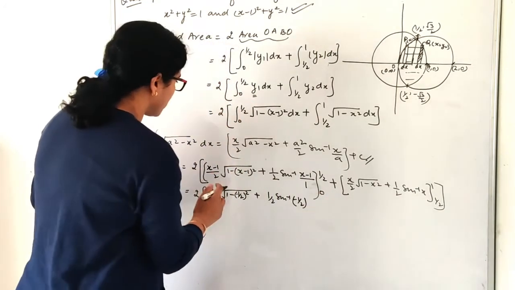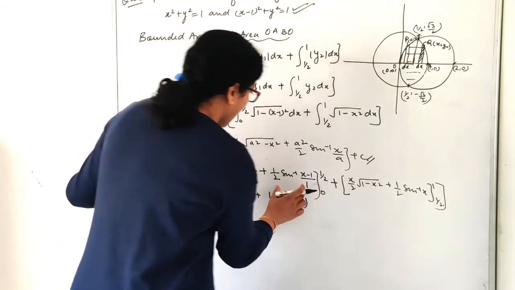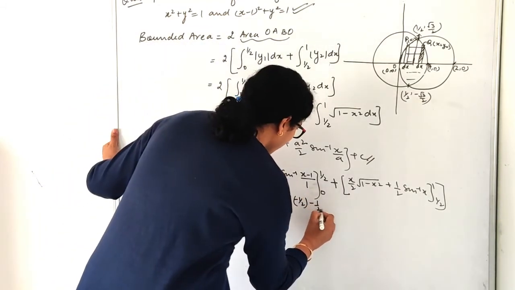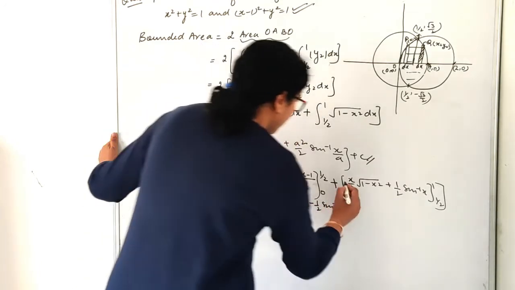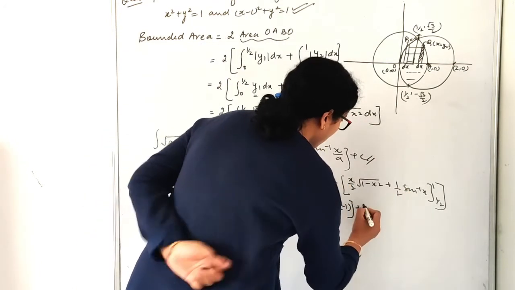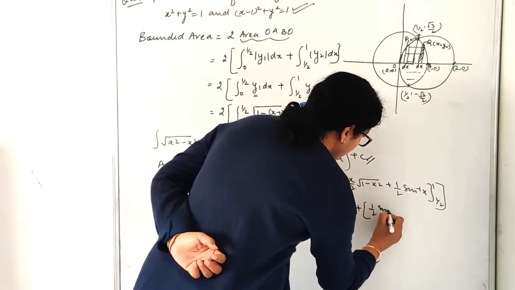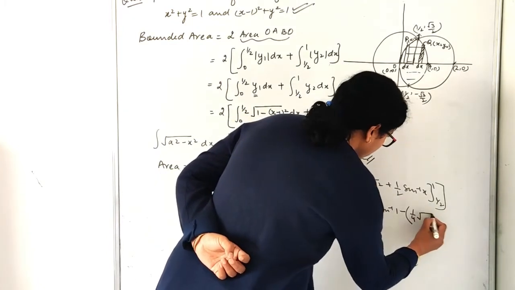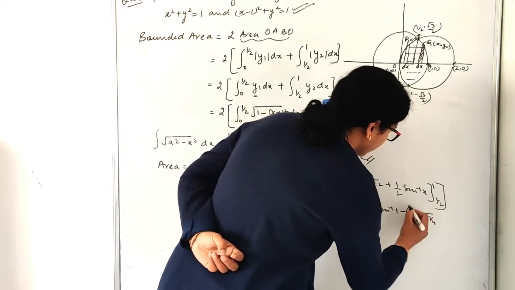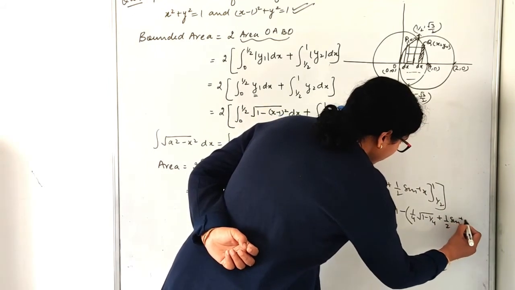Now if I substitute 0, the whole term will vanish and here it will become minus half sine inverse of minus 1. For this, if I substitute 1, it will become 0 and this will become 1 by 2 sine inverse 1, right? If I substitute 1 by 2, root 1 minus 1 by 4, and plus half sine inverse 1 by 2.